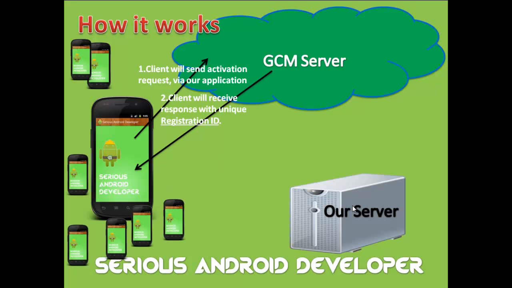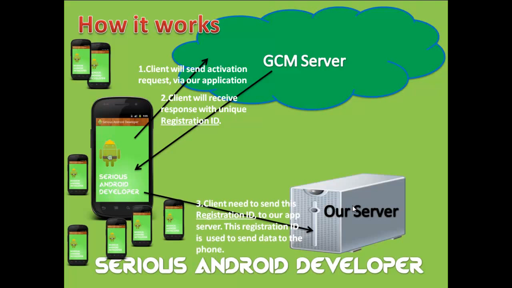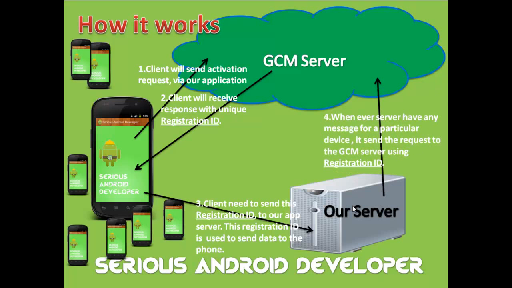This registration ID is unique, and the phone must send it to the third-party application server. This registration ID is used to send data to the phone via the GCM server. Whenever the app server has data or an update for that particular phone, it sends it with this registration ID to the GCM server, and the GCM server immediately pushes the data to the phone.